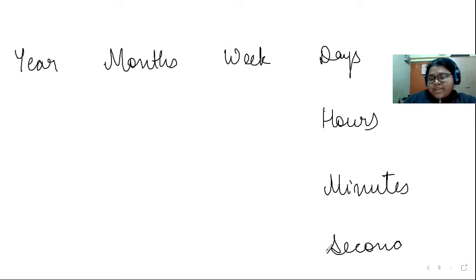We have more, but we are stopping here. So this is the order. This is very important for us to understand. Let's understand this in a much better way now.